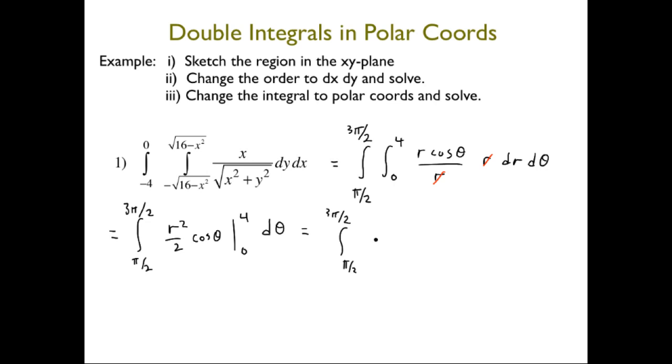So 8 cosine theta minus 0, right? 16 divided by 2 is 8. Is that right? 8 cosine theta d theta. Are we good? Now, antiderivative of 8 cosine theta is positive, right? 8 sine theta, and that's going to evaluate from?